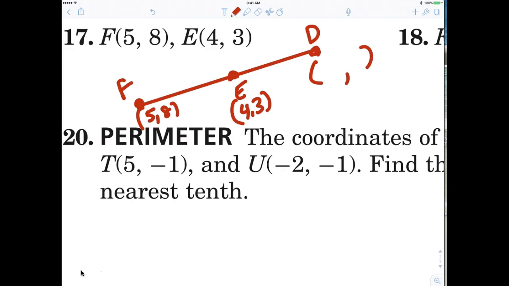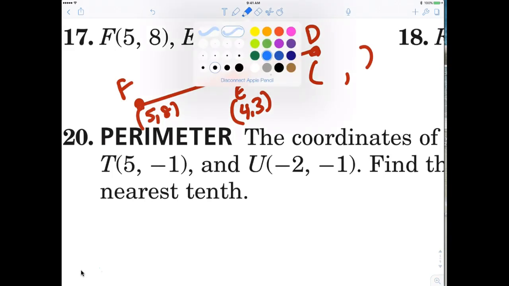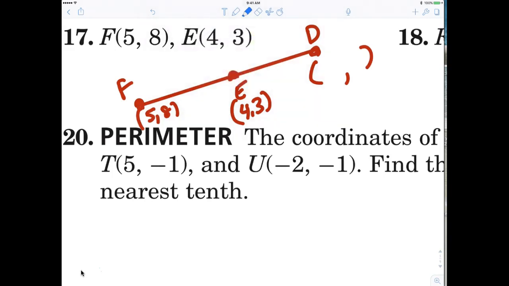Now, how did he get that so fast? Well, E is in the middle. Here's how I teach it. If I started at 5 and walked to 4, I moved back 1.